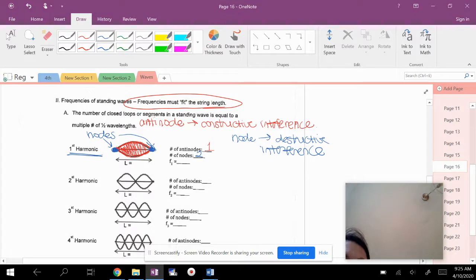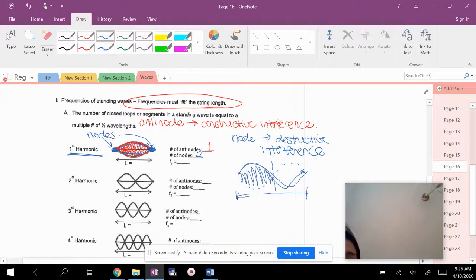So what I see here is, if this was one wavelength, I see this and part of the reflection. This is one wavelength. So how many wavelengths do you see right here with the first harmonic? Basically that is this right here.